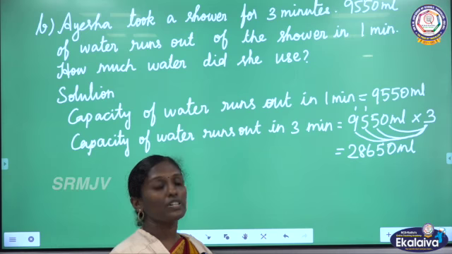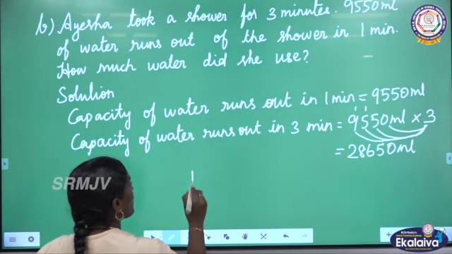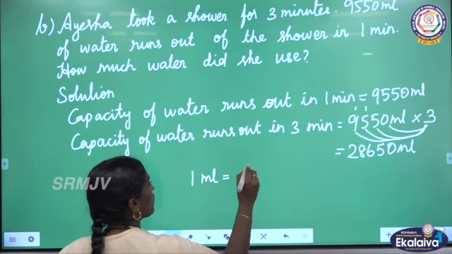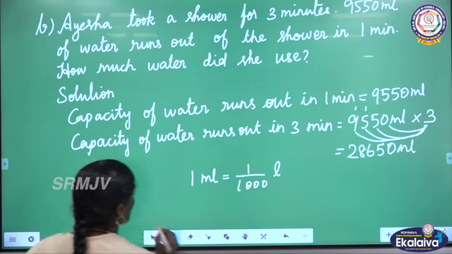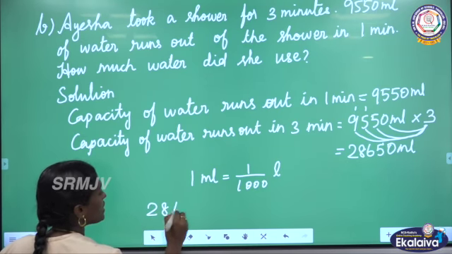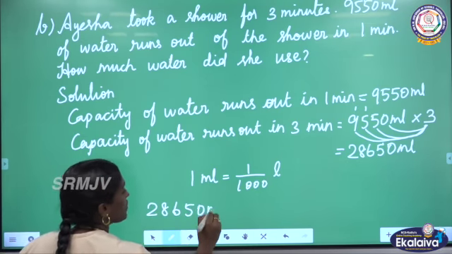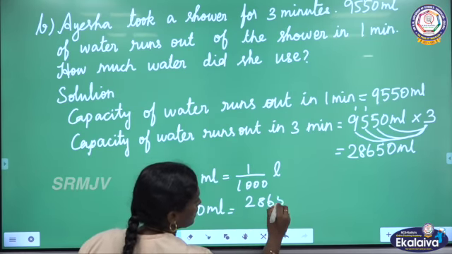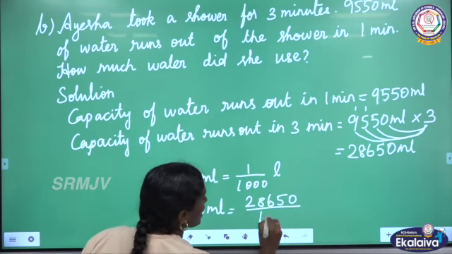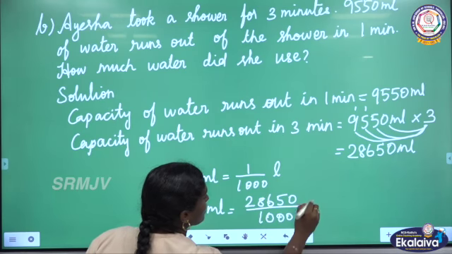Here we got the answer in milliliter. We are going to convert it into liter. So we know that 1 milliliter is equal to 1 by 1000 liter. Here we are having 28,650 milliliter. So 28,650 divided by 1000 liter.